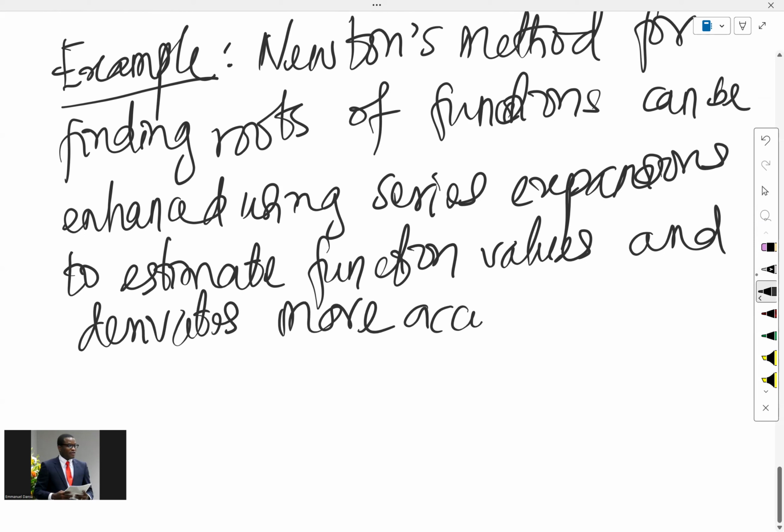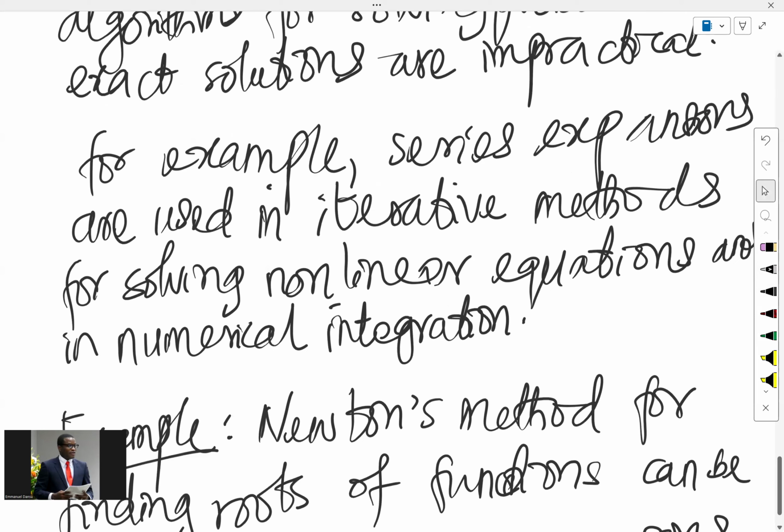Okay, so that's for numerical methods, we can use power series too.